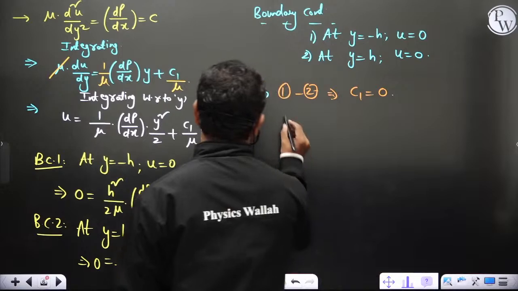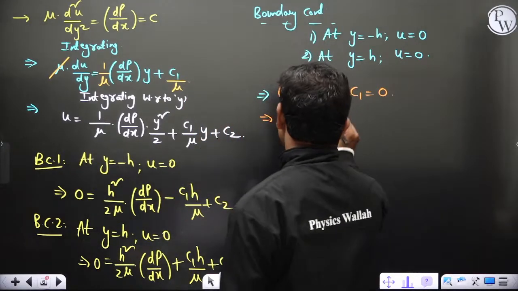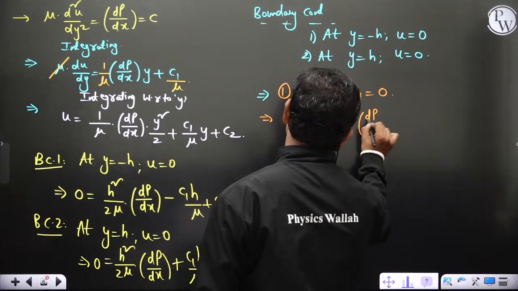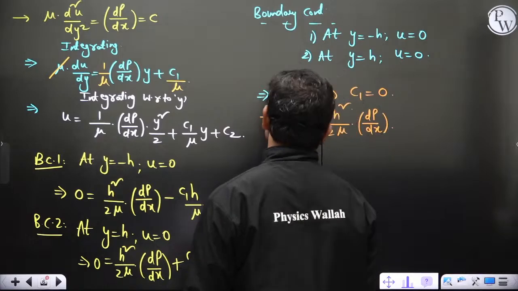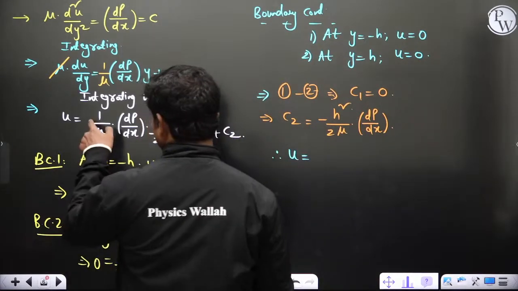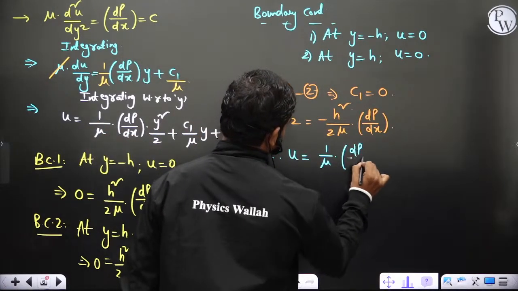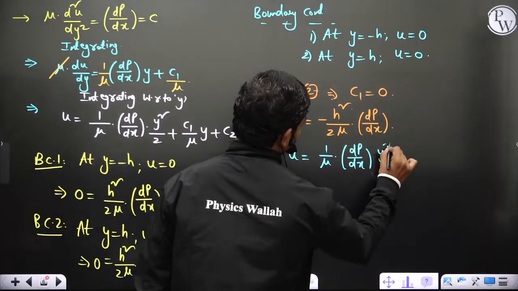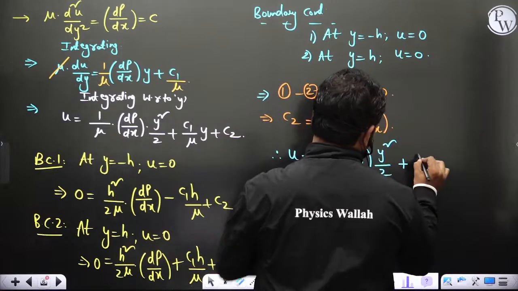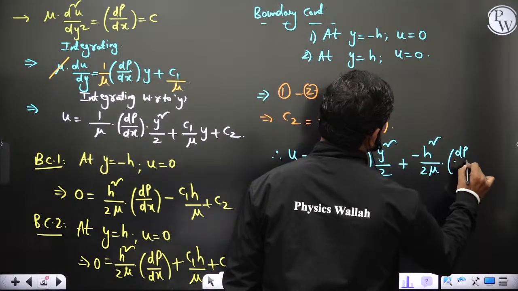So if c1 is equal to 0, this implies c2 is equal to minus h square by 2 mu into dp by dx. Therefore your velocity profile is u is equal to 1 by mu dp by dx y square by 2 plus c1 which is 0 plus c2, minus h square by 2 mu into dp by dx.